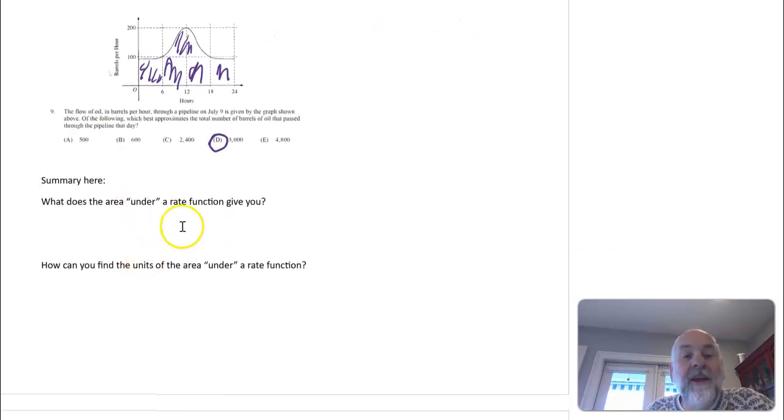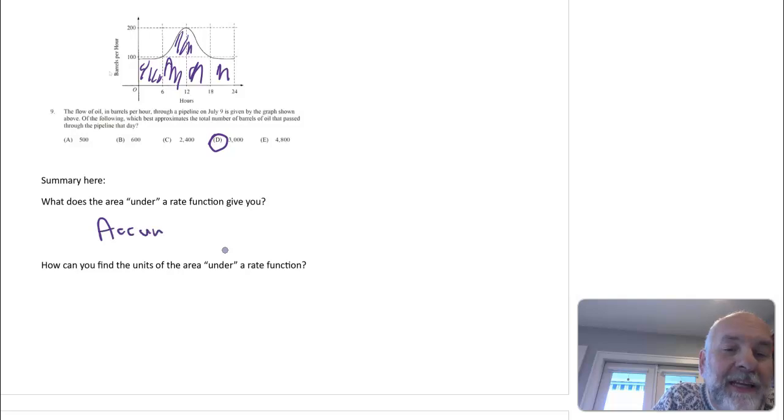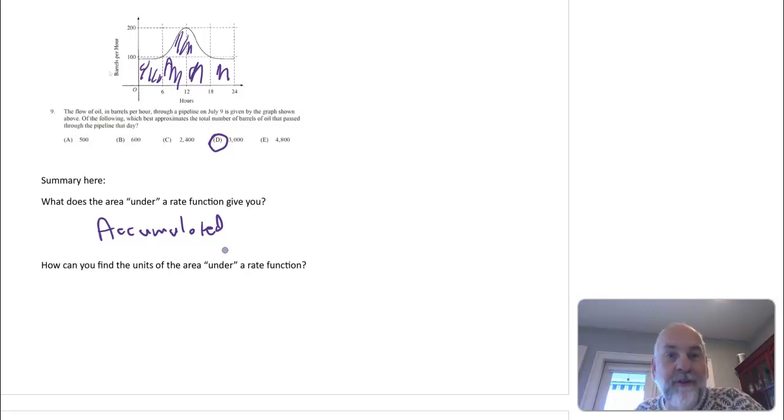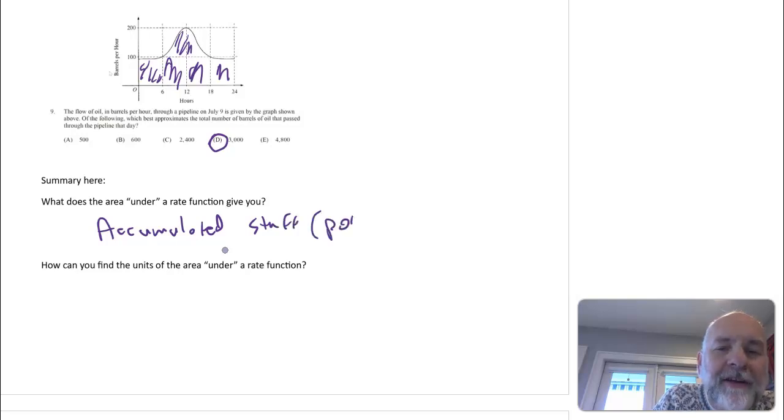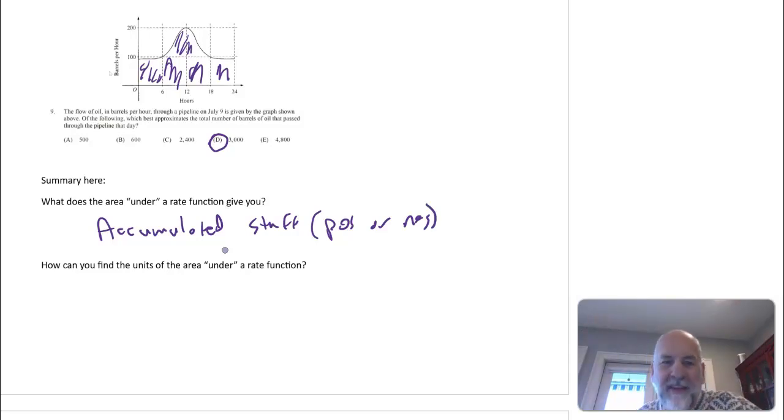So again, what is the area under a rate function? It gives you accumulated stuff, whatever the rate is measuring, like how many feet you're gaining or how many barrels you're gaining or whatever it is that the rate function is telling you. So it's accumulated stuff. And again, it can be positive or negative depending on if you're above or below the x-axis.